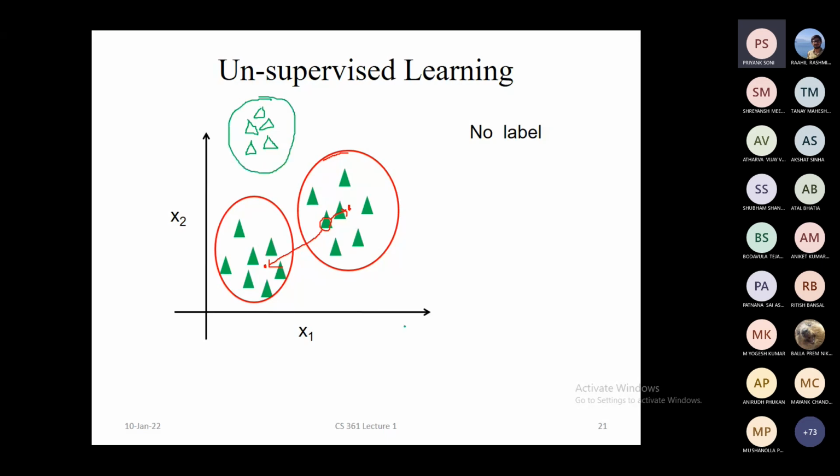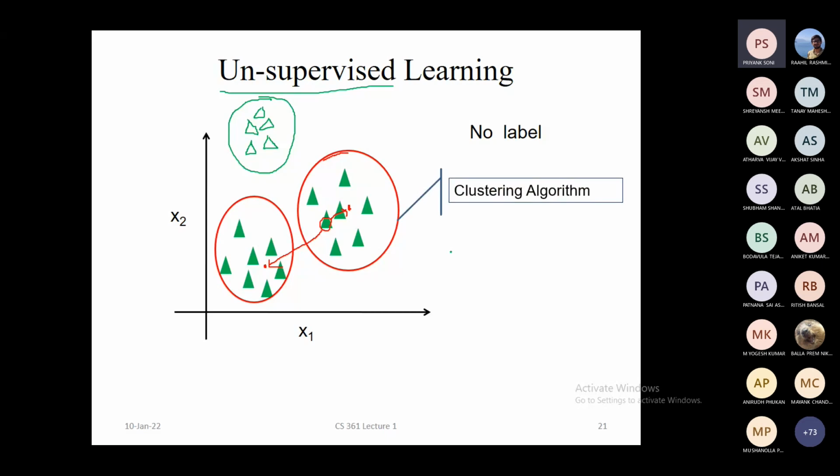Is it two clusters? Is it three clusters? Any other cluster is possible. If we don't have the label examples a priori, then we call it the unsupervised setting. So this is what we try to understand.